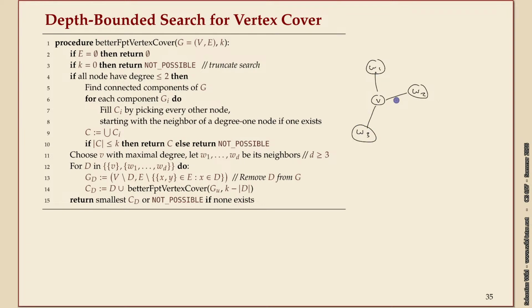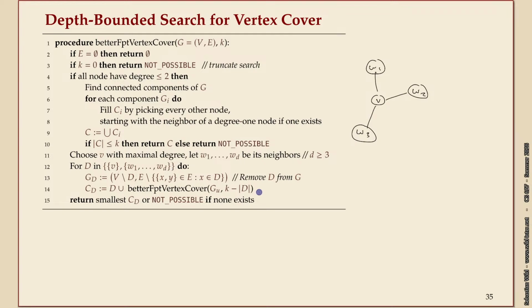Now to cover V's edges, we either have to pick V, take V into the vertex cover, or all the neighbors. Otherwise, we don't get these edges covered. And that's what the algorithm uses. There's these two options to recurse on. Either I'm removing V and all its incident edges, or I'm removing all the neighbors with their incident edges, and I guess V alongside with it.